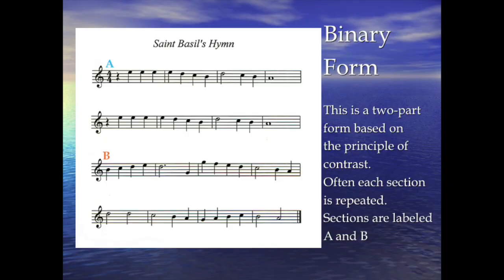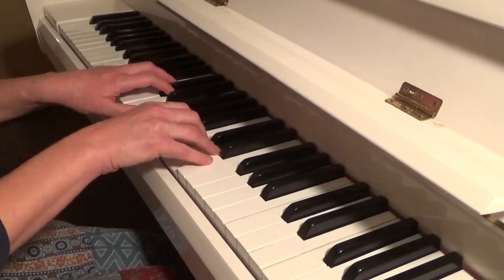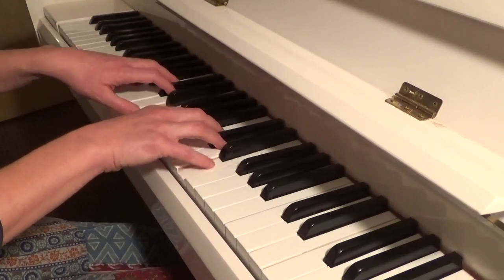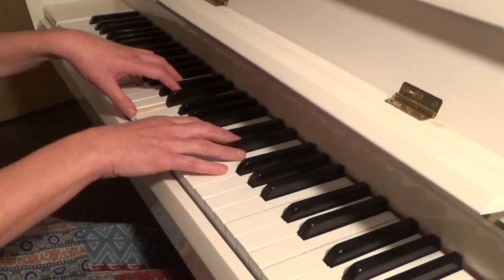So you can see the first half that starts with a repetition on E moving down to A is quite different from the B section. So here's the A section again. Now here's the B section.